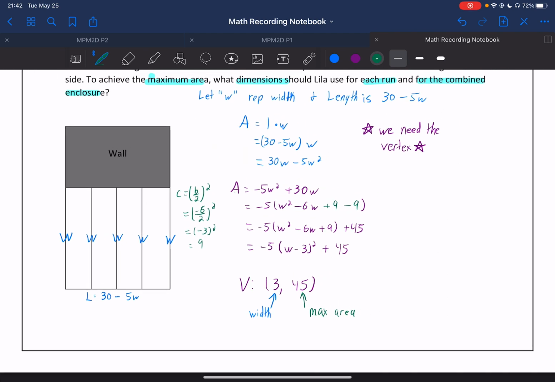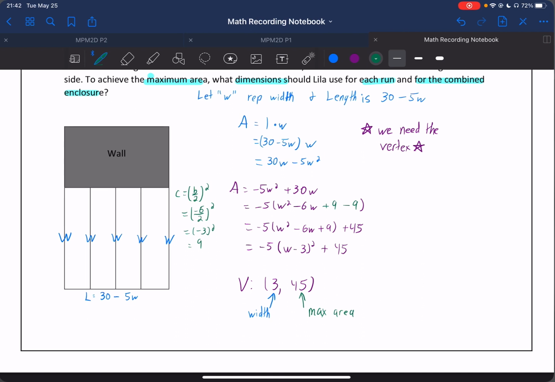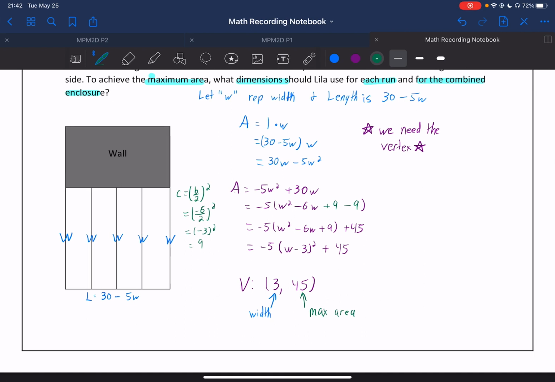So that means that the enclosure is going to have each of these 5 rows being 3. And then we need to figure out what our length is.